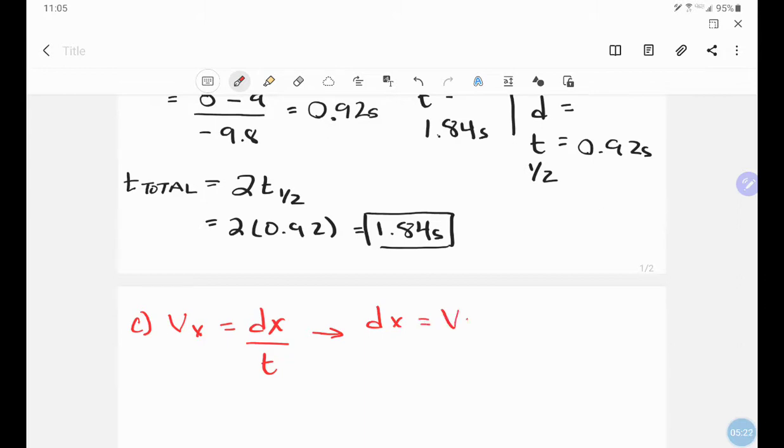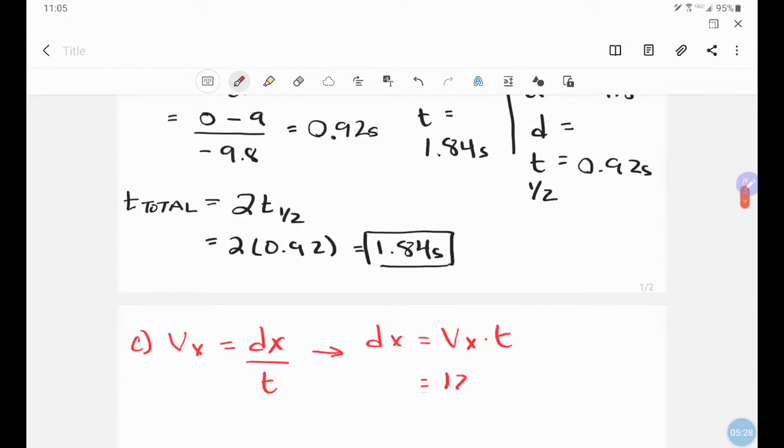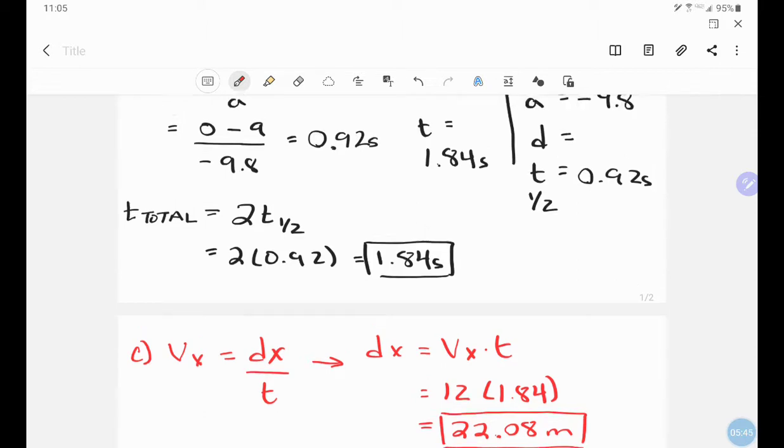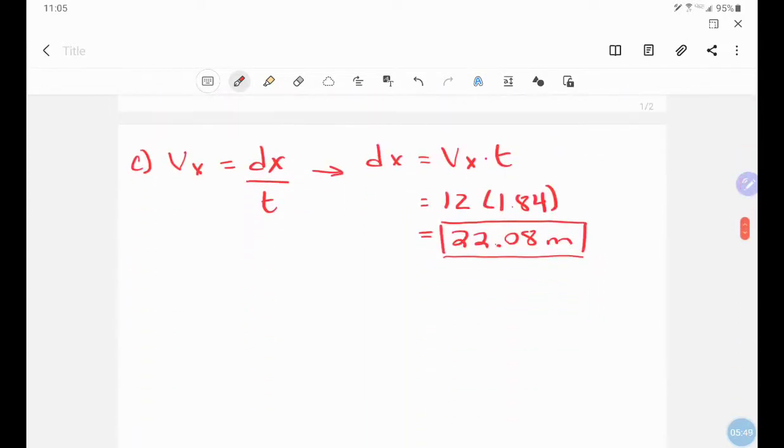Dx then is Vx times time. So that is going to be 12 times 1.84, which is 22.08 meters. Like so.